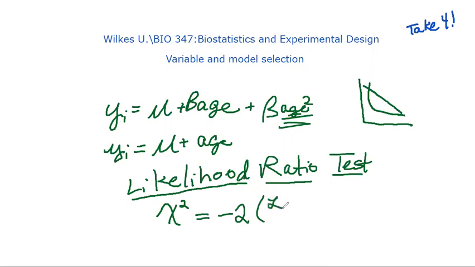I'm going to use a cursive L: the likelihood of the more complex model over the likelihood of the less complex model.